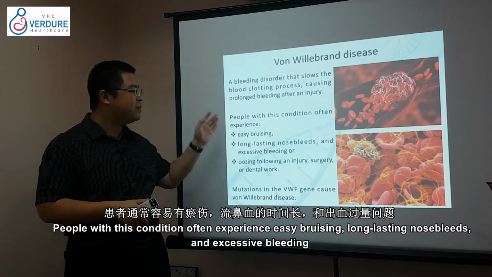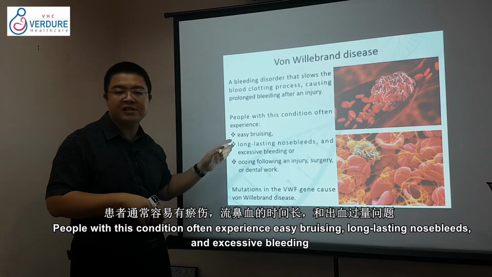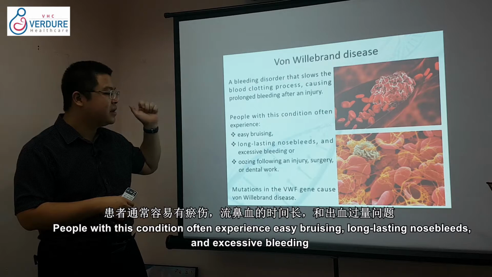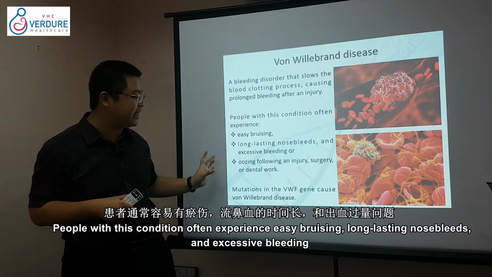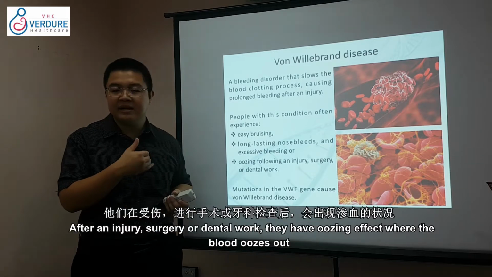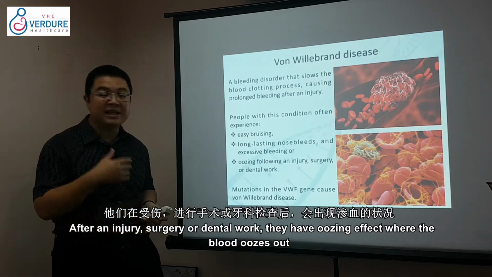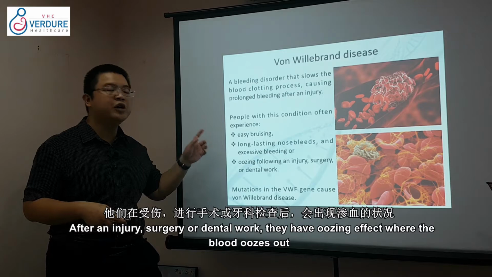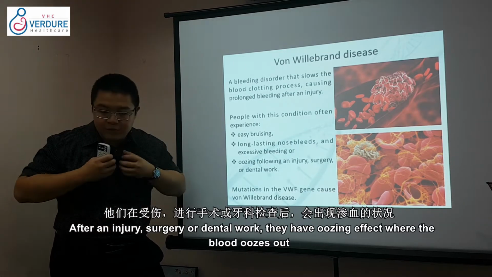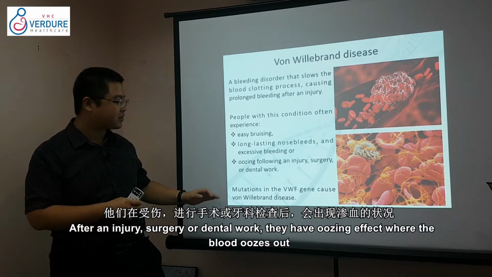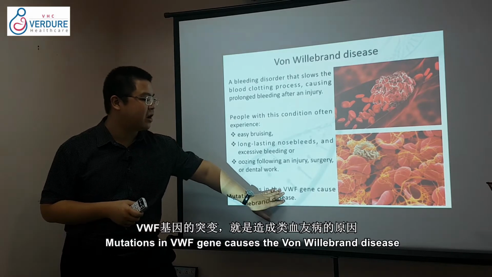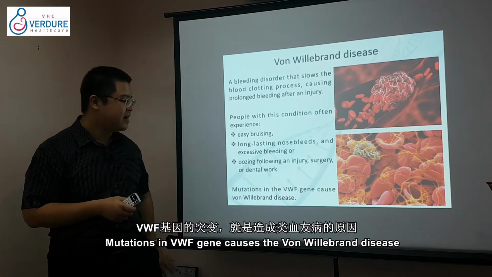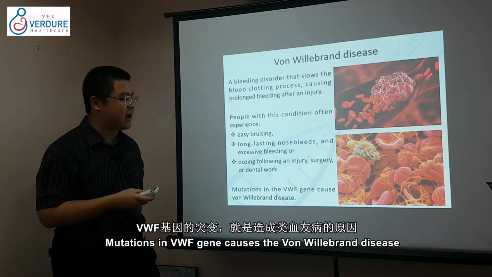People with this condition often experience easy bruising, long-lasting nosebleeds, and excessive bleeding after an injury, surgery, or even dental work, meaning the blood will ooze out. A mutation in the gene called VWF causes Von Willebrand disease.